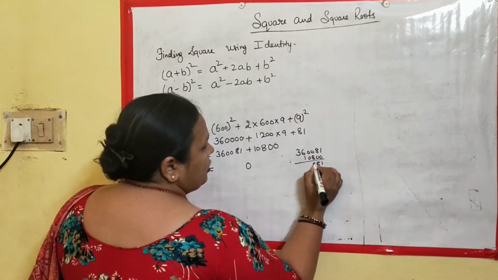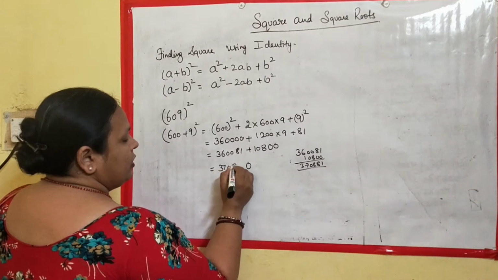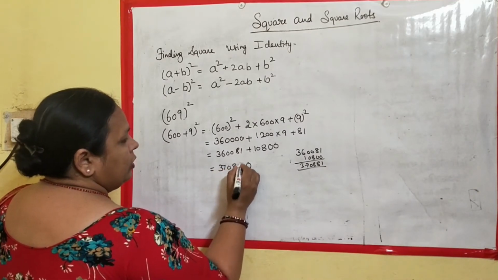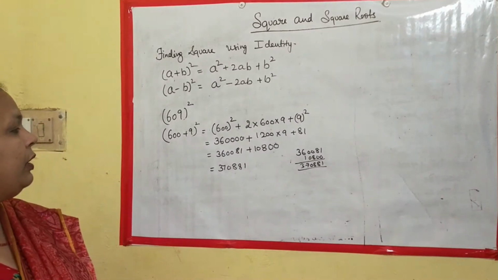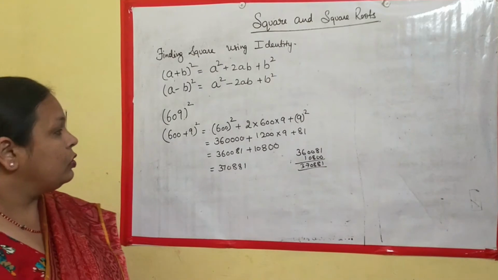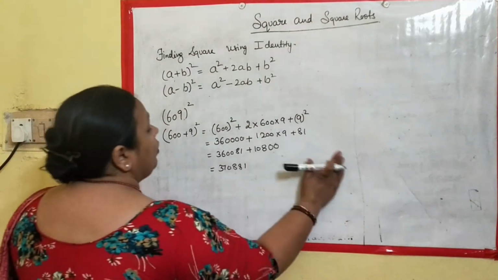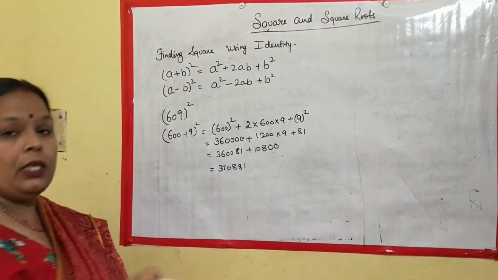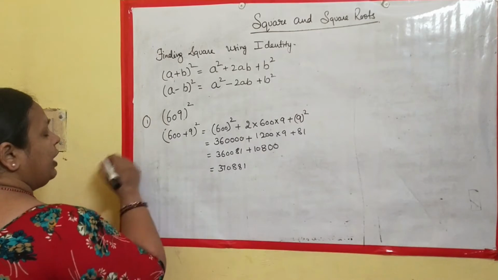So 370881. So this is your number. Clear? 370881. Even if you multiply this number properly, you will be getting the same answer. This was the first example we have taken.